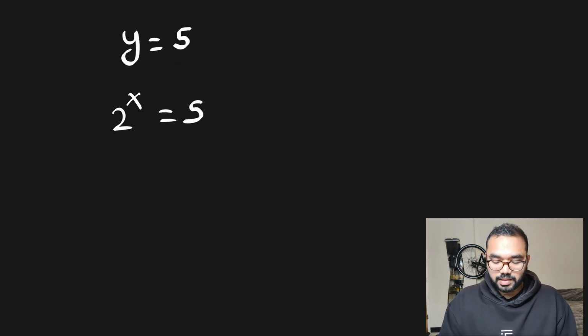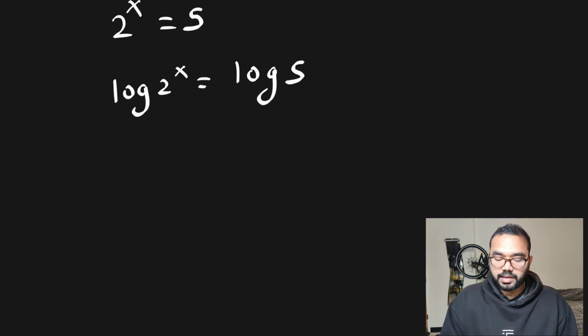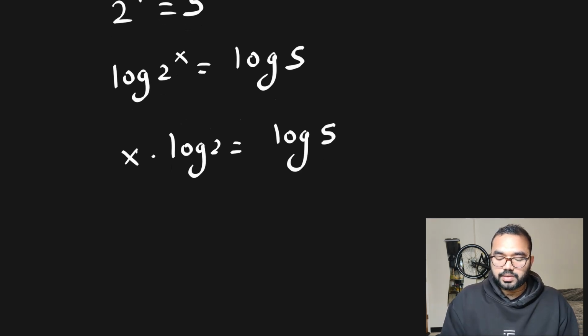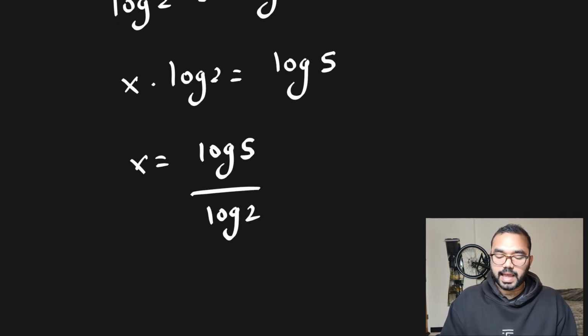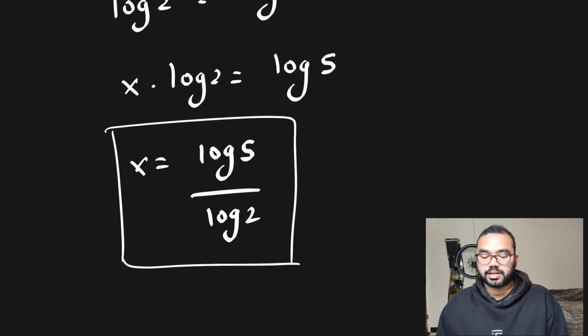Now it will become log of 2 to the power of x is log 5, and x times log 2 is log 5, and x is going to be log 5 divided by log 2. You can plug it in the calculator to get the numerical value, but you can also leave this as our answer. So log 5 divided by log 2 is our answer.